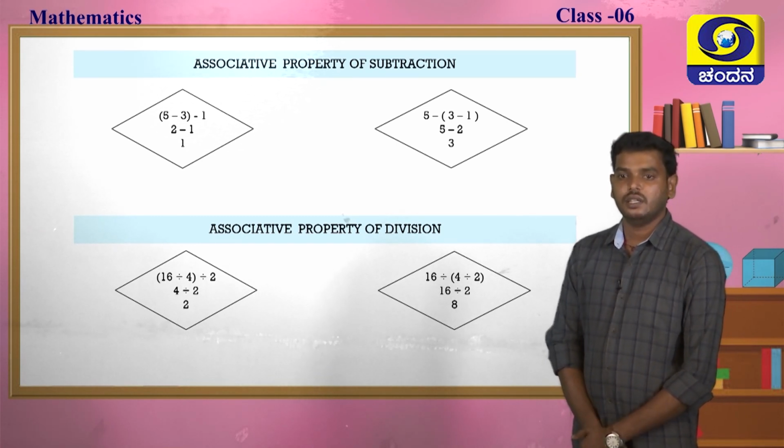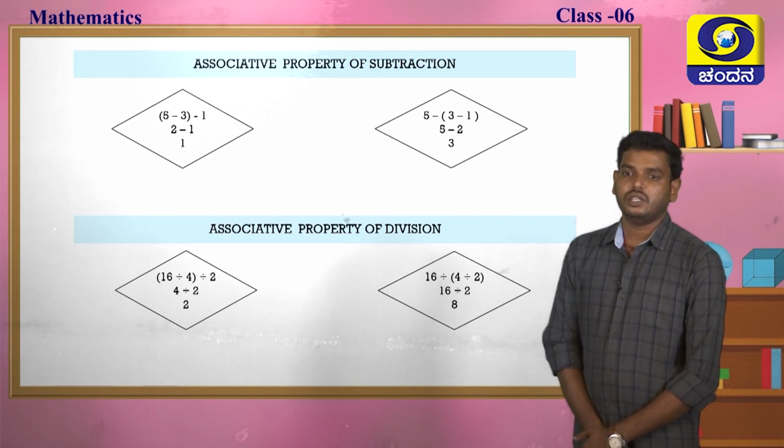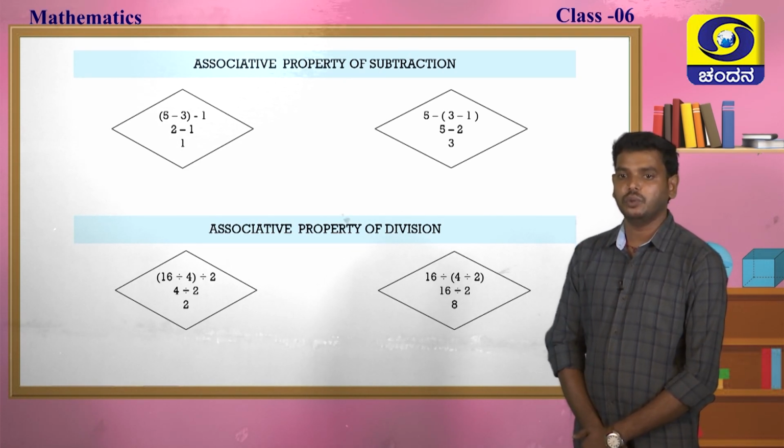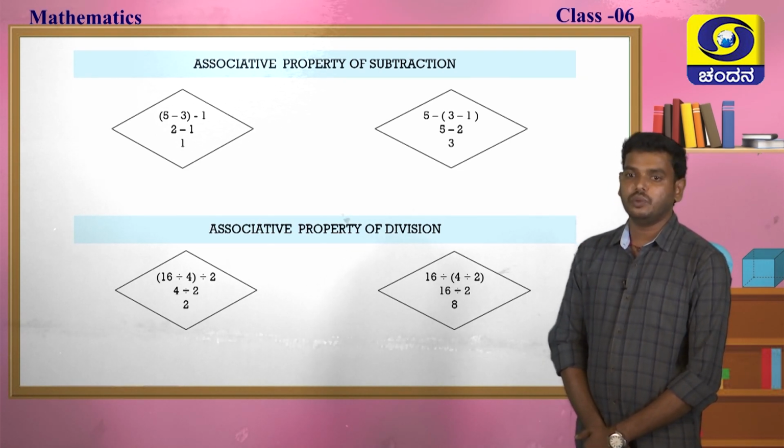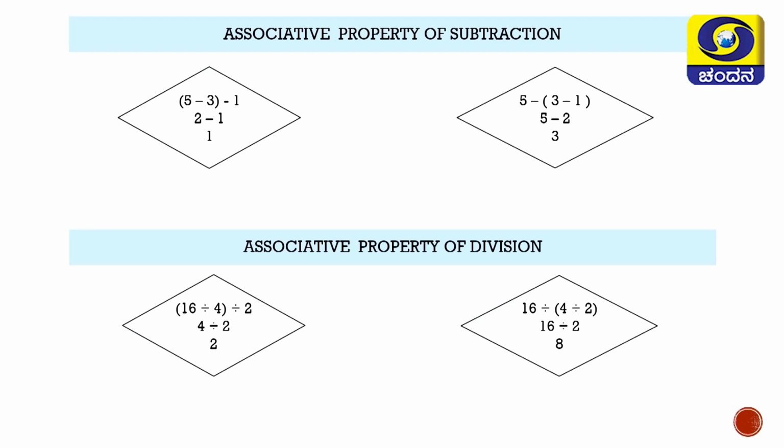On the other side, the same numbers, 16 divided by 4 divided by 2, and the last two numbers will be grouped, 4 divided by 2 is nothing but 2, 16 divided by 2 gives you 8. Even by this you can notice that in the first form we got 2 as an answer, in the second form we have got 8 as an answer. Even by this I can say that the associative property is not closed under division.